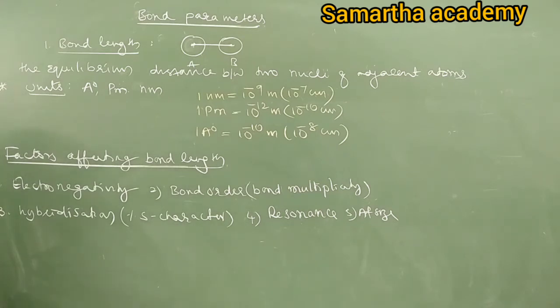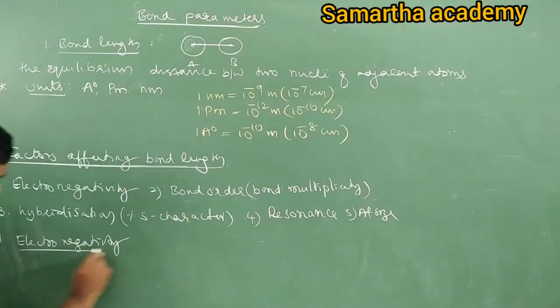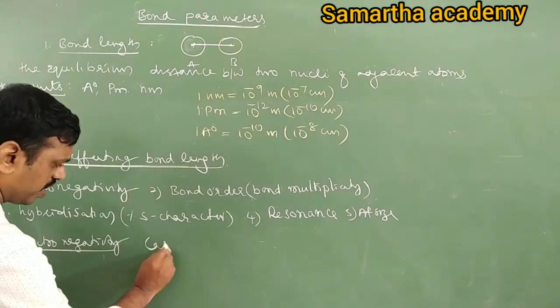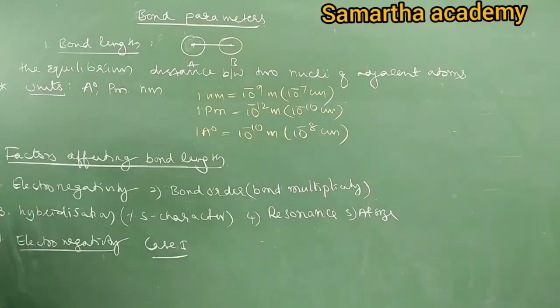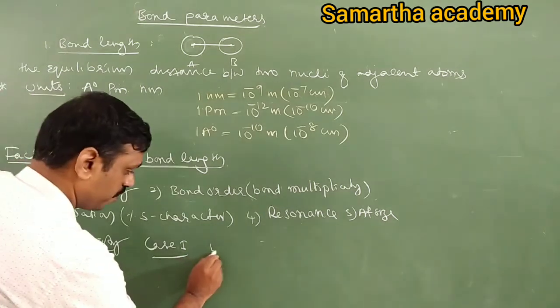Okay, now the first one is electronegativity. How does electronegativity affect the bond length? Here there are two cases. Let us take case 1. If the electronegativity of the two bonded atoms is the same, then what is the bond length?